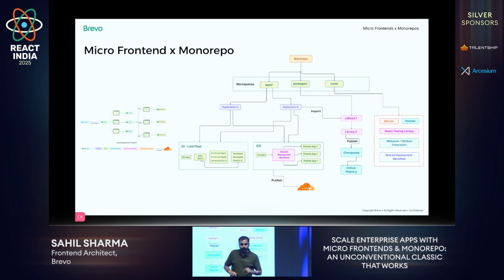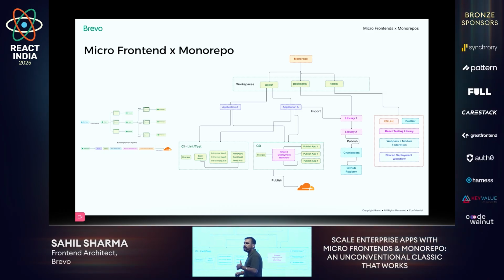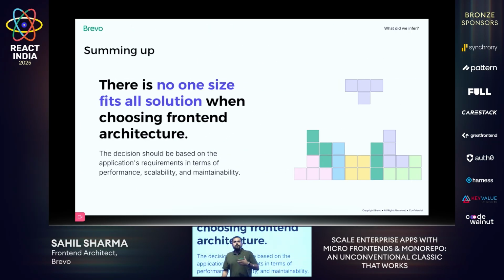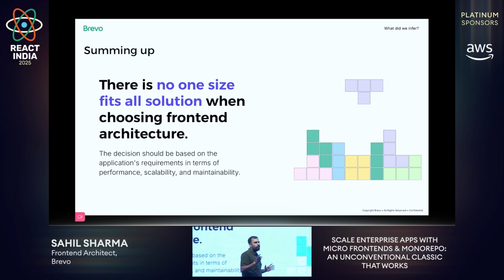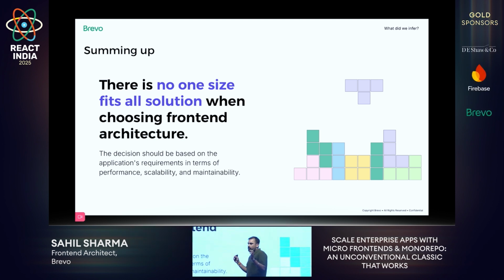Now I would like to conclude my talk. So these are the challenges that we faced, but based on your challenges, I would say there is no one size that fits all front-end problems.